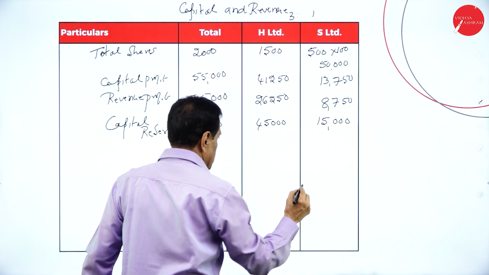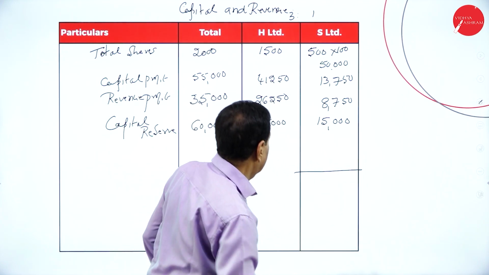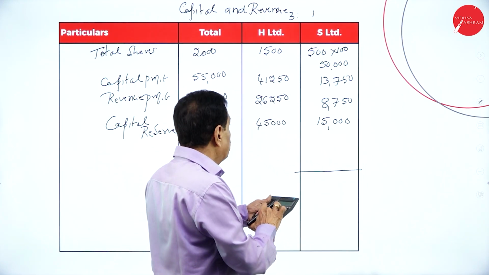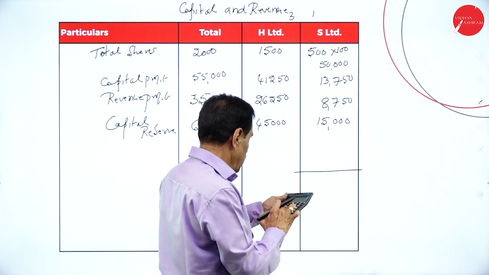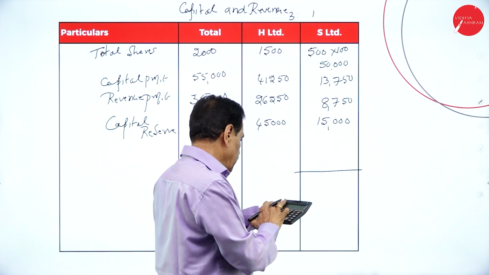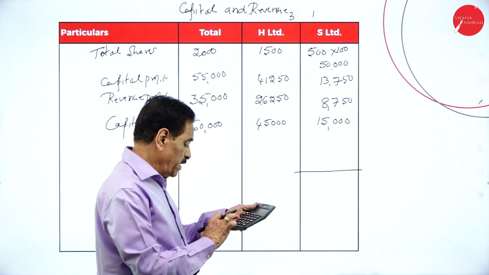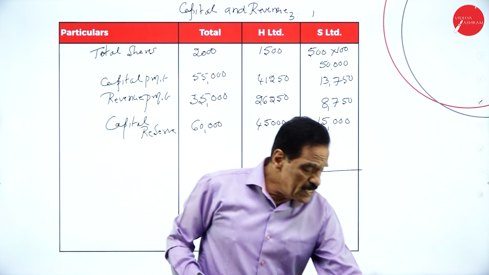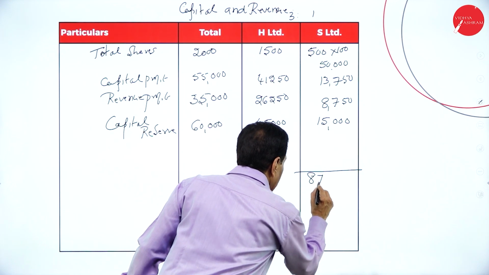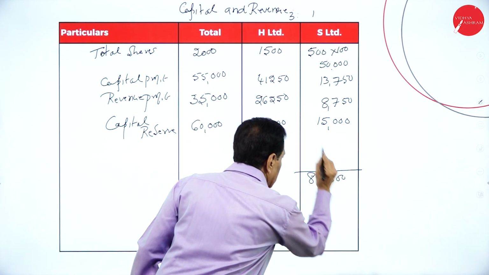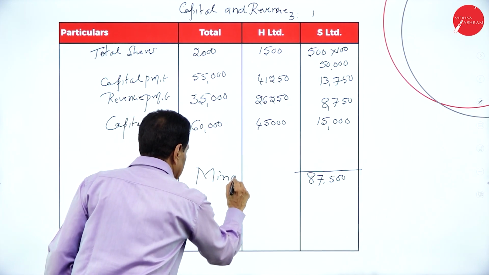Add this: 8,750 plus 15,000 plus 13,750 plus 50,000 is equal to 87,500. This is minority interest.